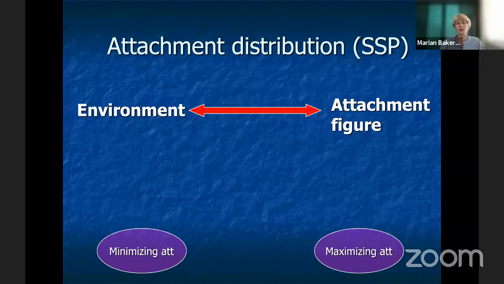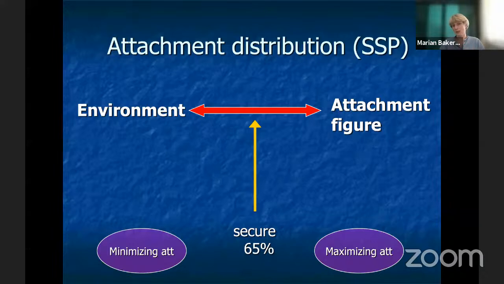In an optimal situation, a secure child strikes the balance. If he or she is distressed, there is proximity seeking and the child is comforted and then can explore the environment again. So a balance between the attachment figure and exploration of the environment.